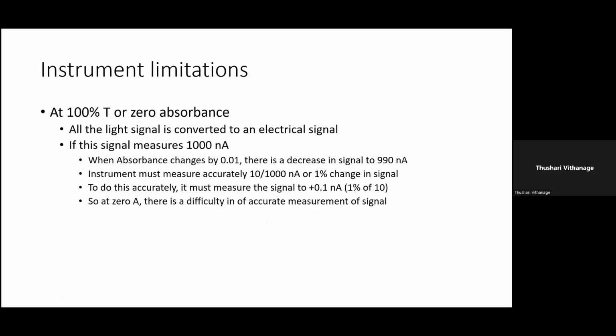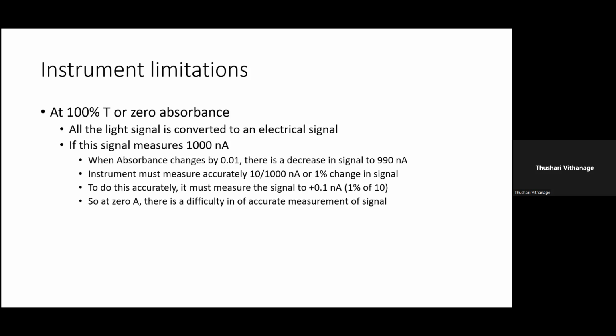Now I'm going to talk about instrument limitation. At 100% transmittance or zero absorbance, all the light signal is converted to an electrical signal. If we consider the signal measures 1000 nanoamperes, when absorbance changes by 0.01, there is a decrease in signal to 990 nanoamperes.